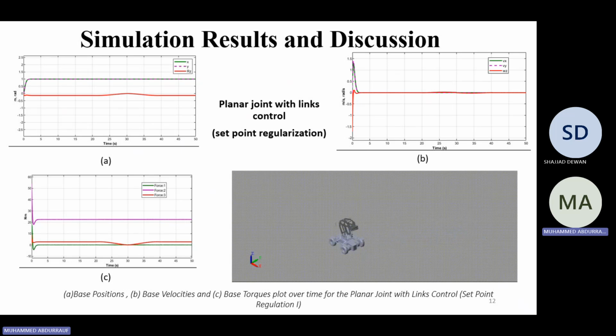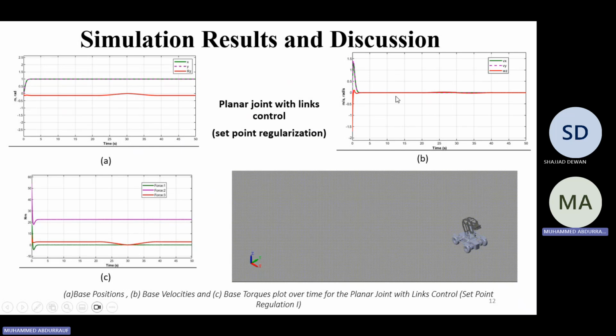And this is the simulation for our base. We can see that we have no overshoot. The settling time is quite fast. Steady state error is null, and we can only observe some deviations around the Z as some steady state error. And the velocities go to 0, and these are observed torques.